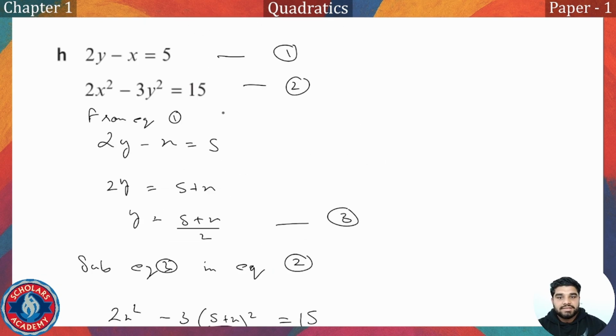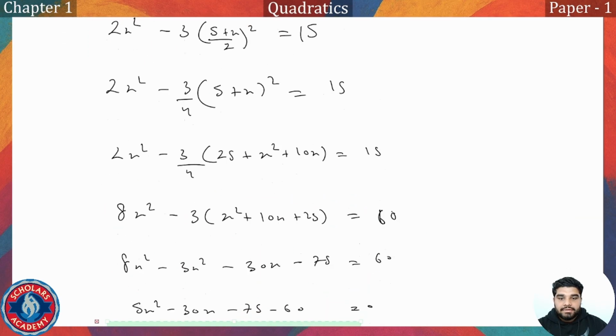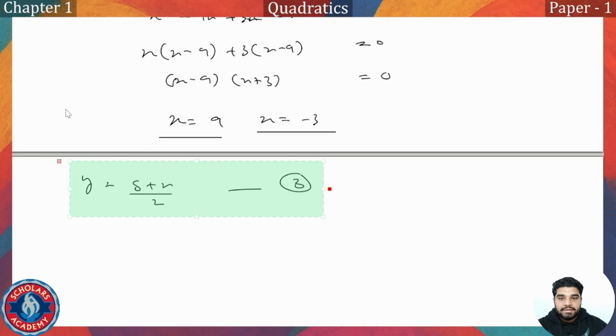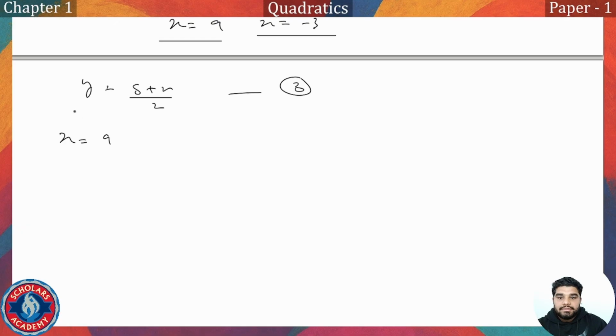If we substitute these values in equation number 3, we get the values of y. Those are, for x is equal to 9, we get y is equal to (5 plus 9) by 2, that is y is equal to 14 by 2, that is 7.